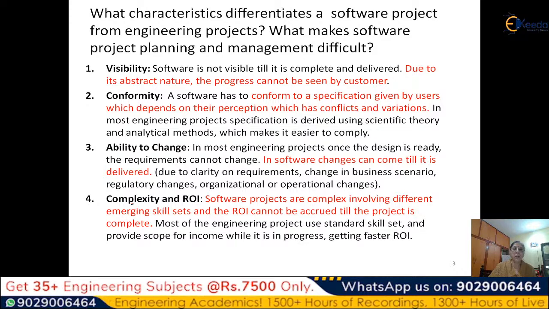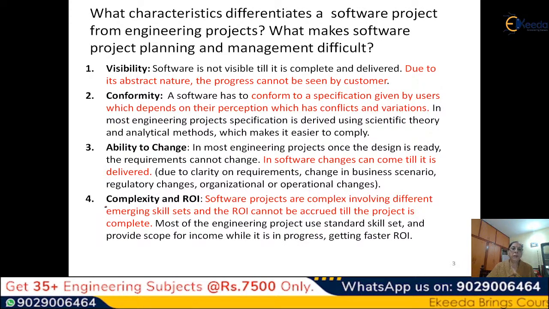In most of the engineering projects, the specification of the product will be derived by using some scientific theory or an analytical method. So there will be a single specification and there will be a single solution to it. So it is much easier to comply when the things are so concrete. It is not like that in the case of software.